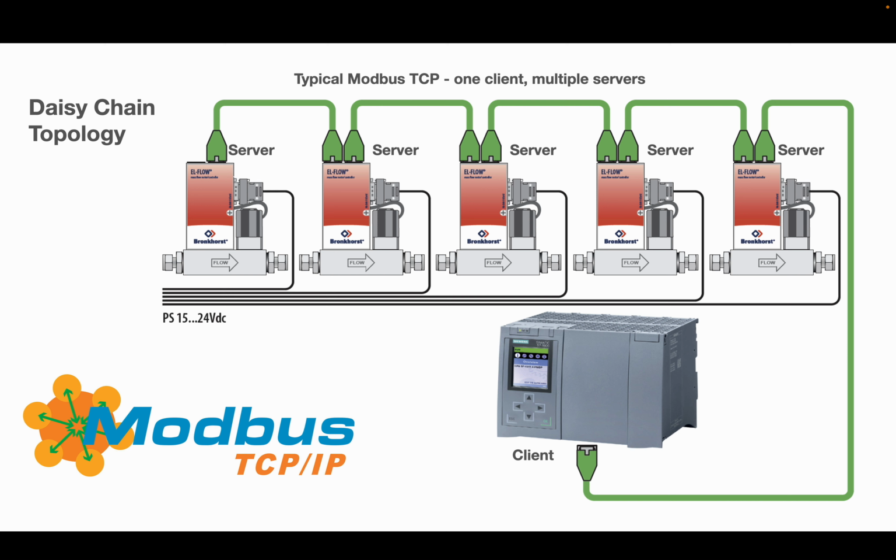Again, we're seeing in this picture that these devices are referred to as servers, and then you have a client, and the client takes information out of the server or sends information to the server. So this is a typical industrial installation where a star configuration may not be suitable.